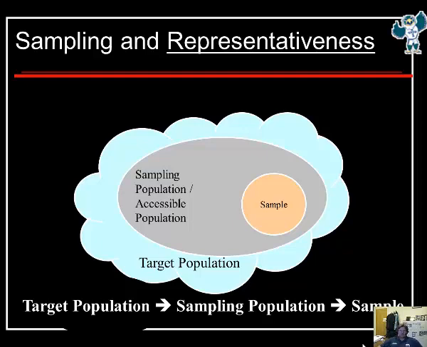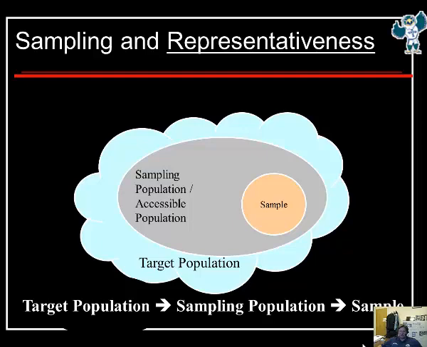So, in terms of representativeness, which is one heck of a word to say, we need to make sure that our sample represents our population. 3 other key terms here. First of all, we have a target population, the big group, all UNCW students. However, we know that we cannot have access to all of those.